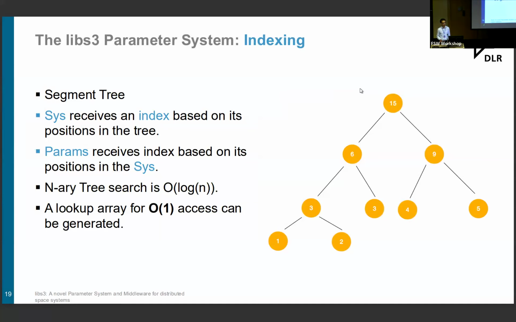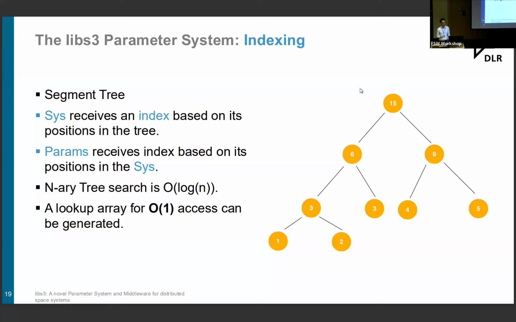Okay, so if you don't like strings to access the parameters from outside, you can still do it by numbers, because with trees it's very easy to index the nodes. So you can still use unique numbers to access each one of the systems and each one of the parameters. So it becomes more efficient accessing the parameters.